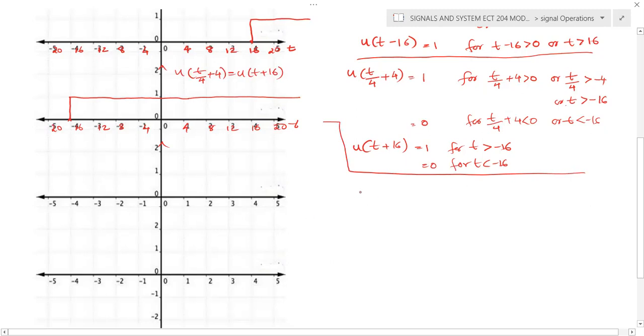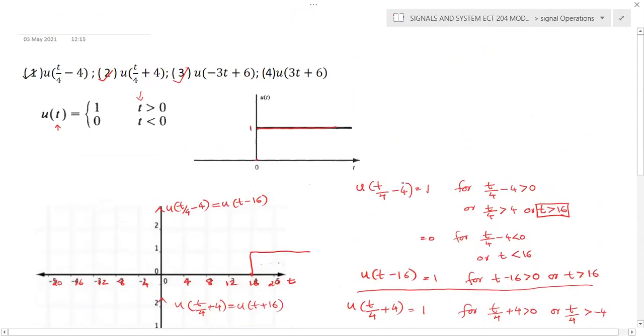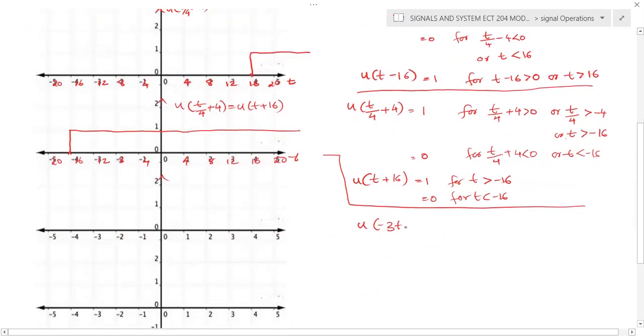Now we'll try the third question, u of minus 3t plus 6. Which is equal to 1 for minus 3t plus 6 greater than 0, or if you rearrange this equation you will get minus 3t greater than minus 6, or if you multiply with minus it becomes 3t less than 6.